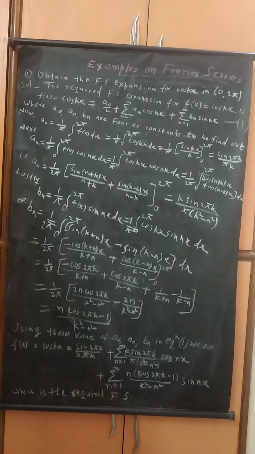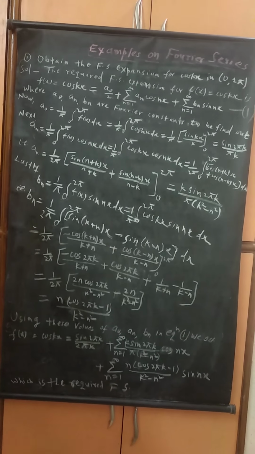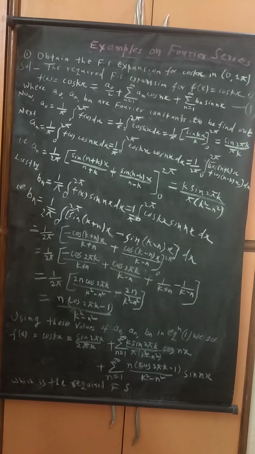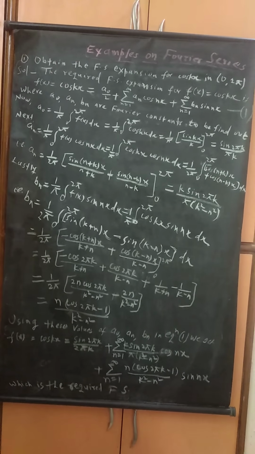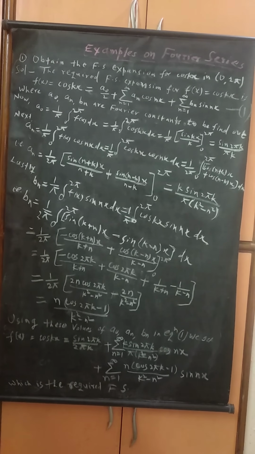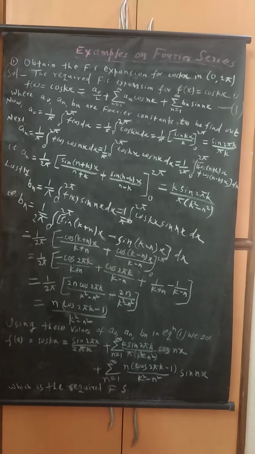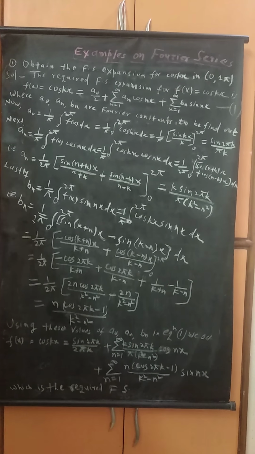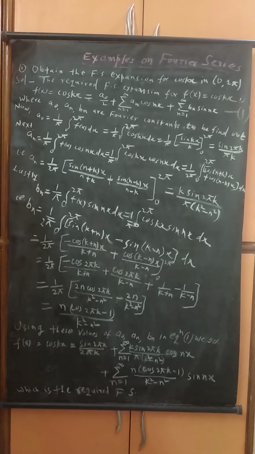Now we evaluate this integration. Integration of cos is sine, and therefore an is equal to 1 upon 2 pi [sin((n plus k)x) divided by (n plus k) plus sin((n minus k)x) divided by (n minus k)], with limits 0 to 2 pi.